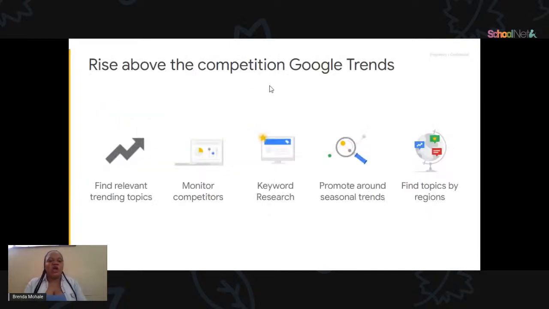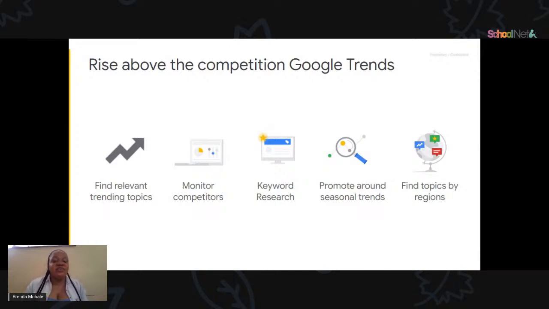So right now, let's talk about how to rise above the competition with Google Trends, because there is a lot that one is able to do. You can use Trends to find relevant trending topics, and it helps you see clearly whether the search volume is increasing or declining.